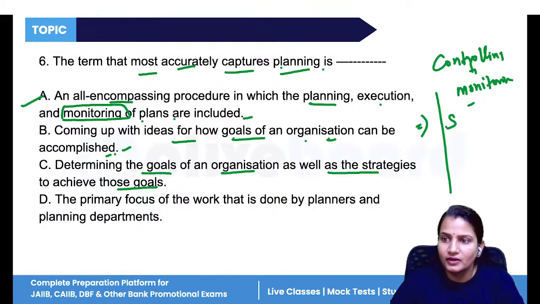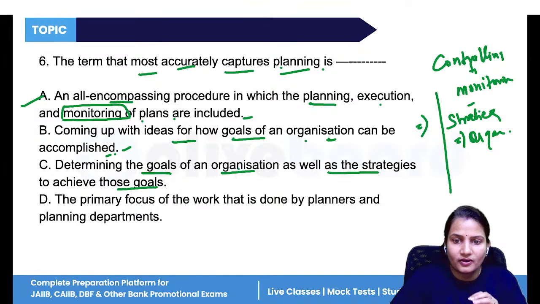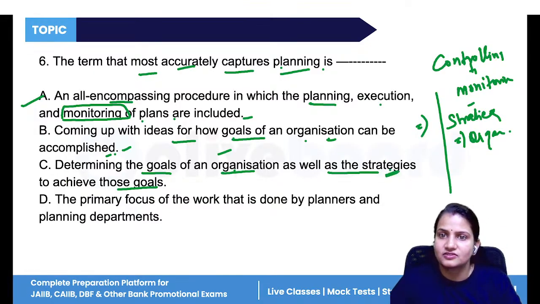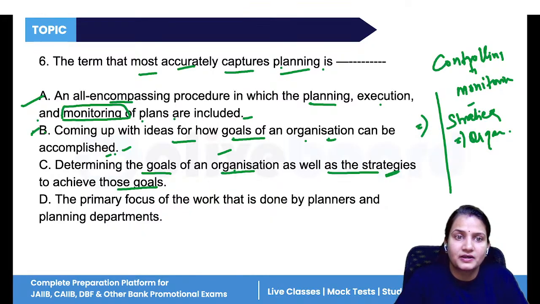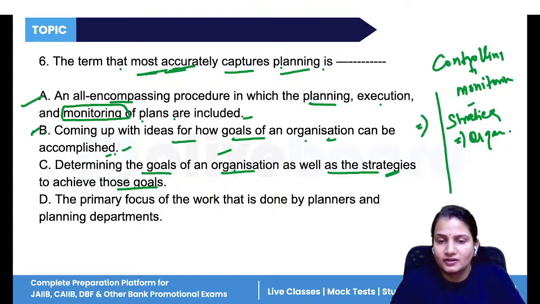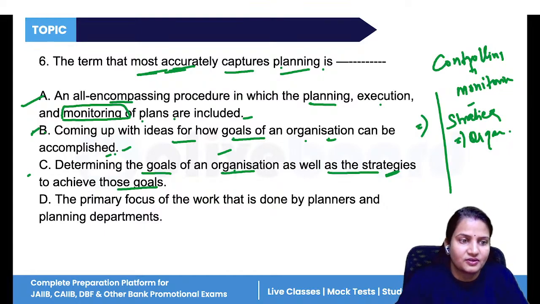So this you can do in making strategies and organizing activities. Now, determining the goals of an organization and making strategies so that you can achieve those goals. This is also a part of planning, but most accurately means which includes all the activities of planning. So, option C is the better suitable answer for this.